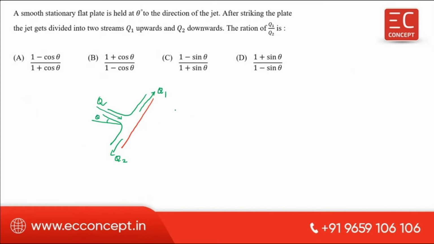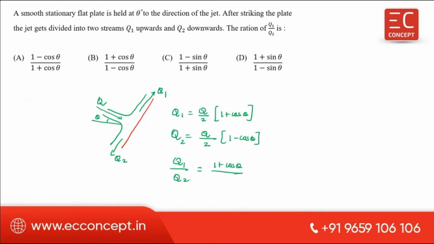Therefore there is a relation: if it is getting into two streams, then Q1 is equal to Q divided by 2 into (1 plus cos theta), and Q2 is equal to Q divided by 2 into (1 minus cos theta). So now Q1 by Q2 is equal to (1 plus cos theta) divided by (1 minus cos theta). So the answer for this question is B.